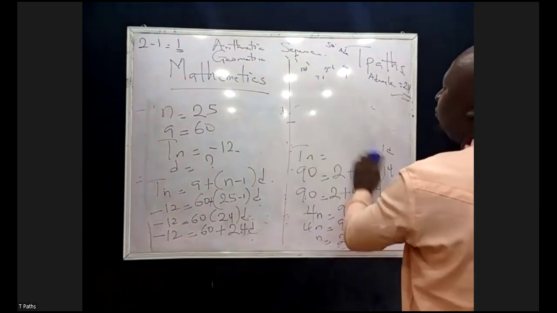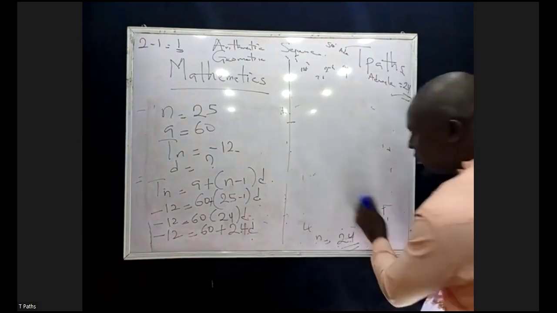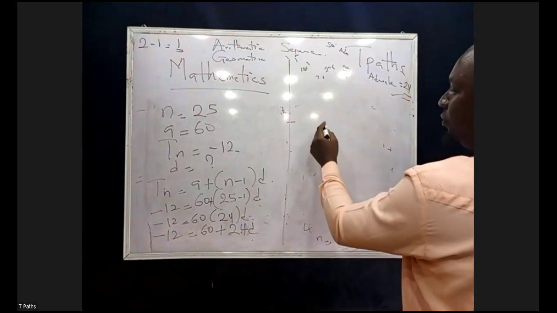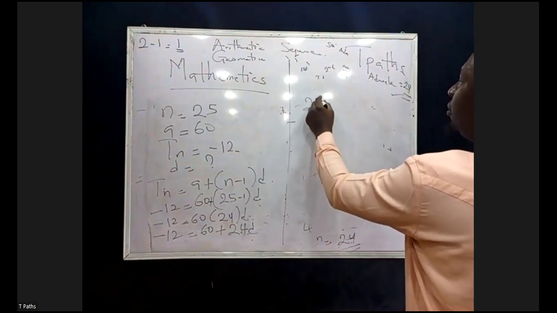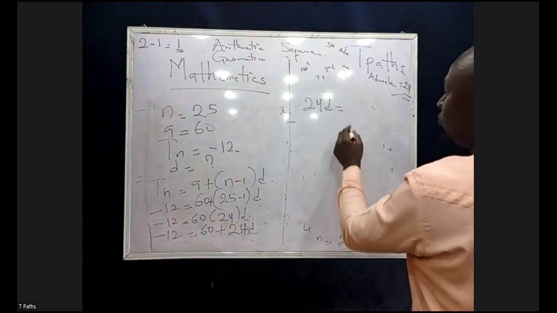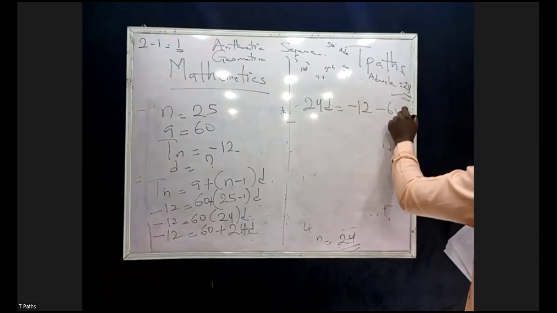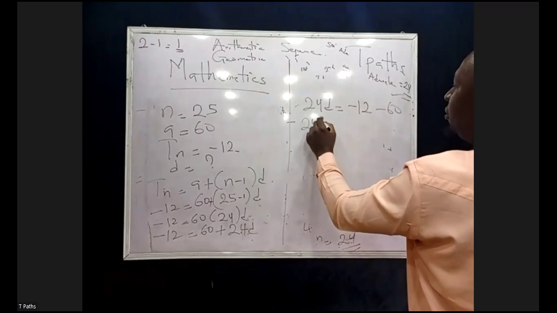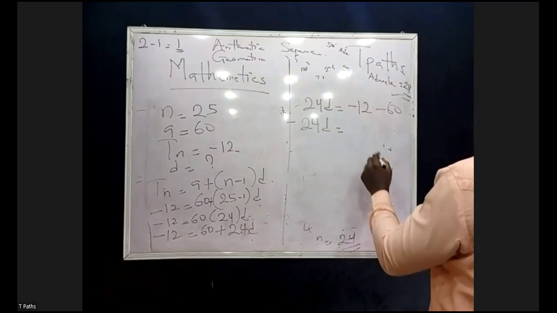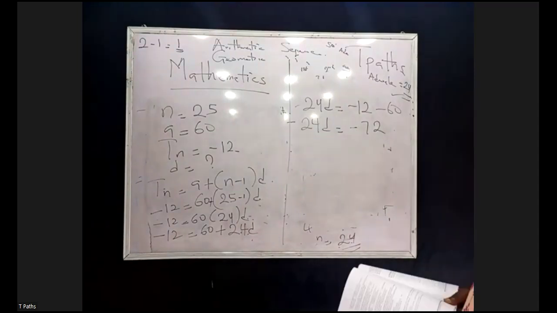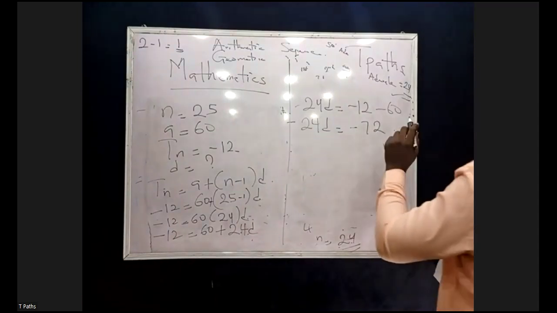You collect like terms, and you have to be careful. 24d equals -12 minus 60, which is -72.